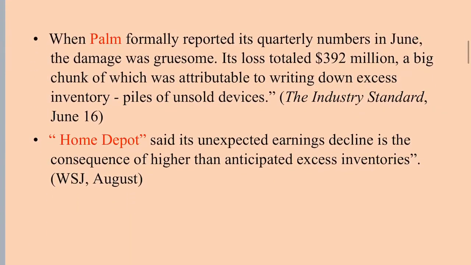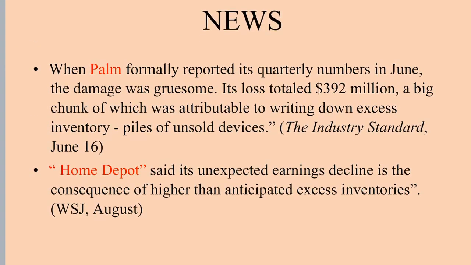I have two more news items from the US. One is the Palm company, which reported that its quarterly damage in June was because they had written off the excess inventory that was piled up because of unsold devices.